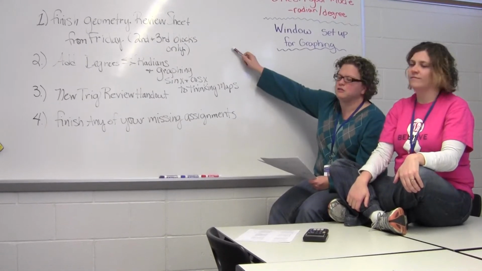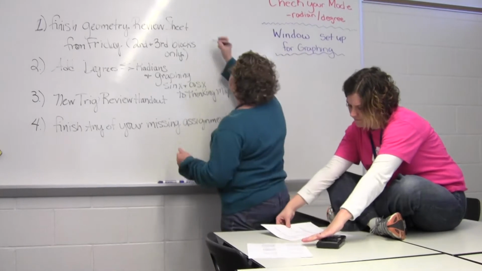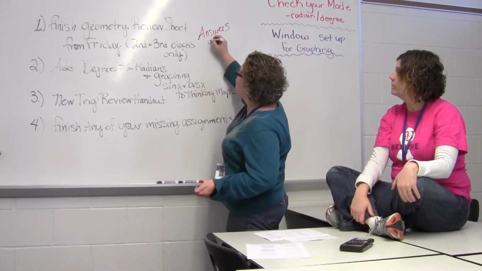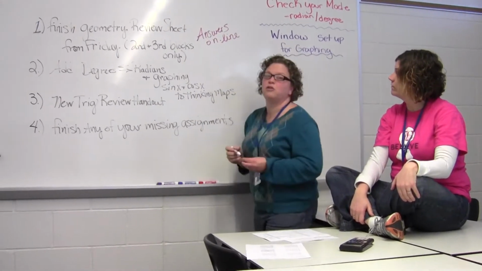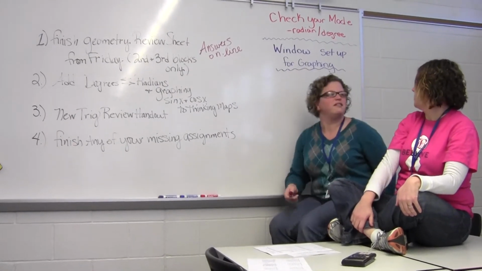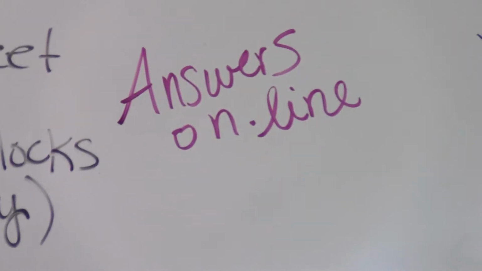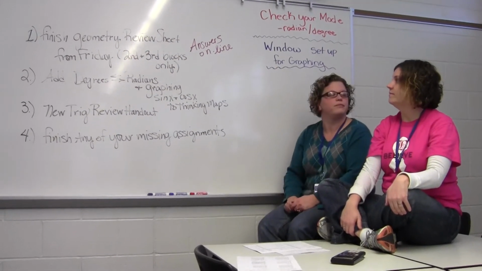And a reminder that the answer key is online, so if you need to check your work, or if you don't remember how to do it, you could look that up online because I worked out the problems. You can go ahead and fill those in and get that done so that you have no questions about that before we get going.